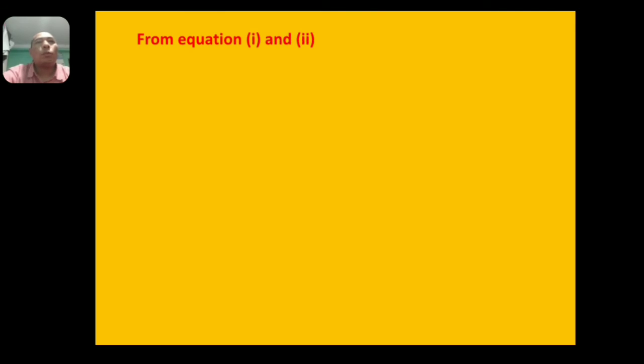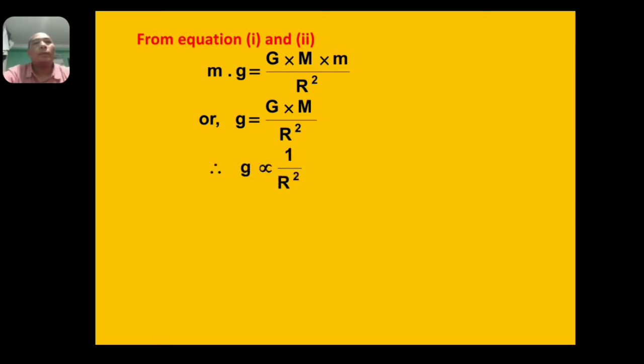From equation 1 and 2, small m into small g equals to capital G into capital M into small m upon r square, or small g equals to capital G into capital M upon r square. Therefore, small g is inversely proportional to the square of radius.